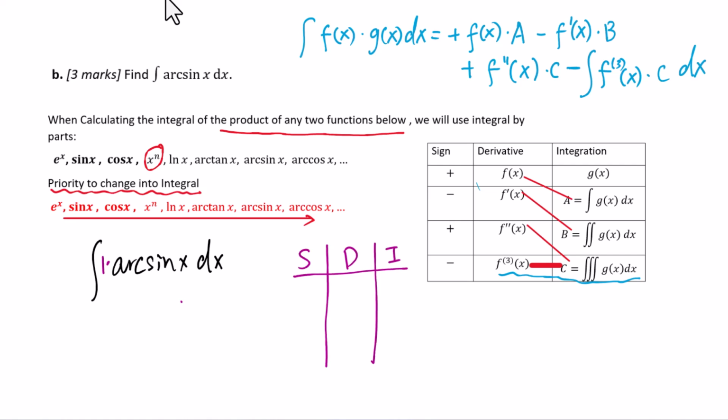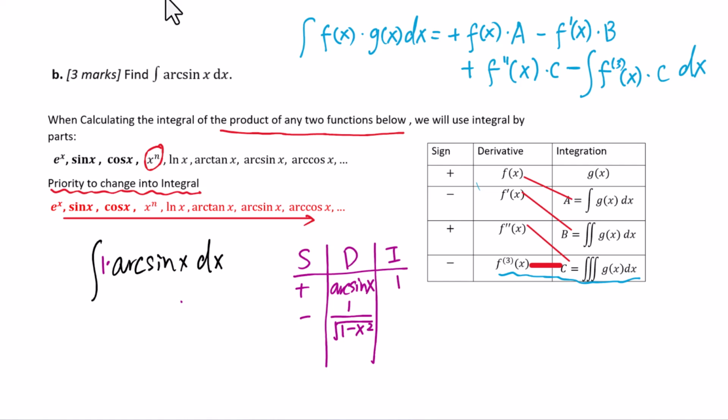This sign will be positive or negative. Derivative of arc sin x will be 1 over square root 1 minus x squared.